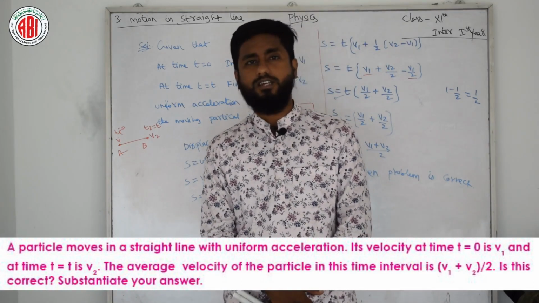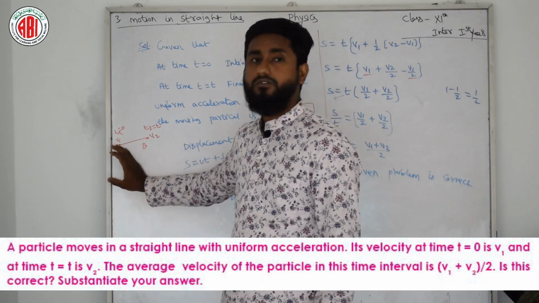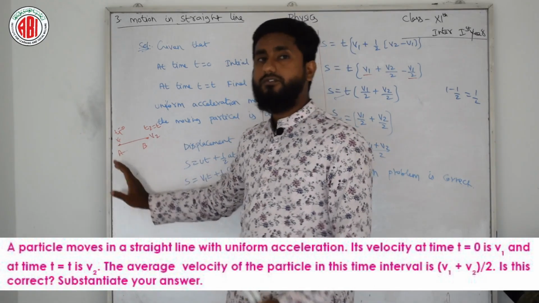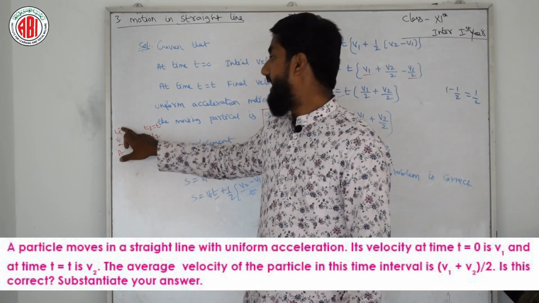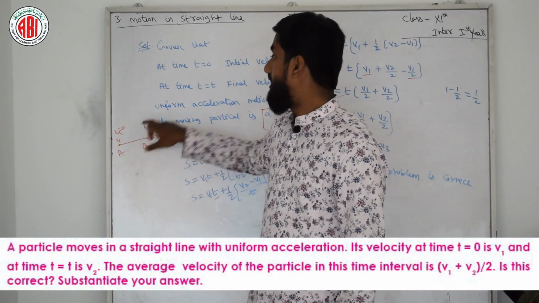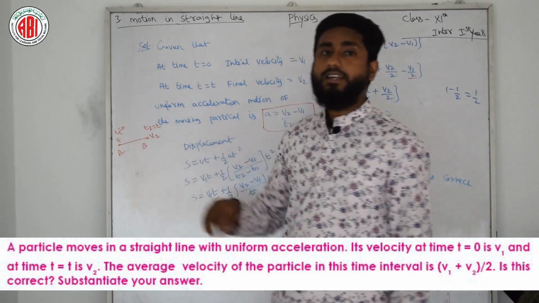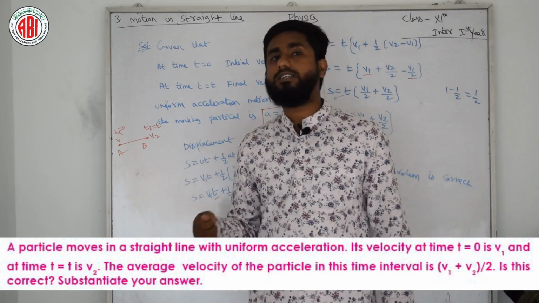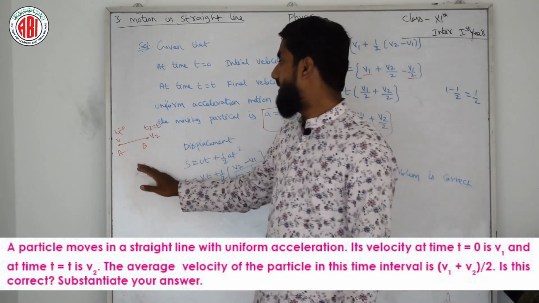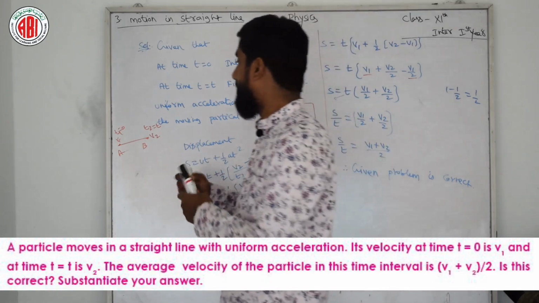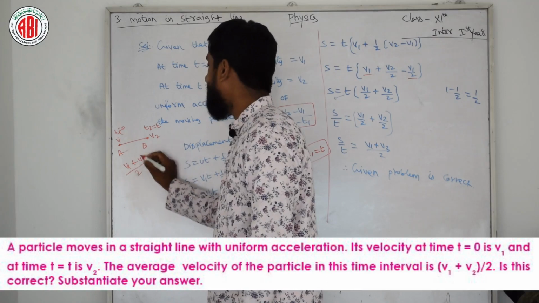That question only I am repeating once again. Here a particle is moving with uniform acceleration from t is equal to 0 at initial velocity v1 to t2 is equal to 2 at the final velocity v2, and the problem is asking whether the average velocity of the particle in this time interval is v1 plus v2 by 2. So is it a correct statement or a wrong statement? We need to justify that, okay.